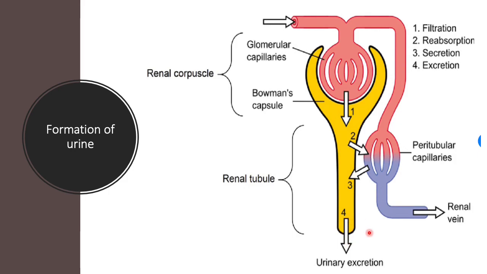We have to know more about how solutes and water are reabsorbed and secreted. By this process, the kidney controls the volume, osmolality, composition, and also the pH of extracellular and intracellular fluid.